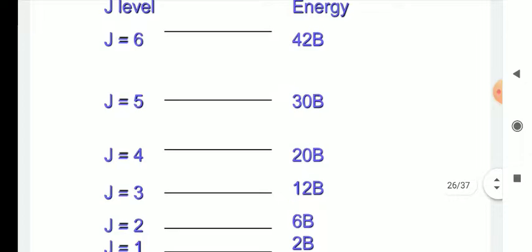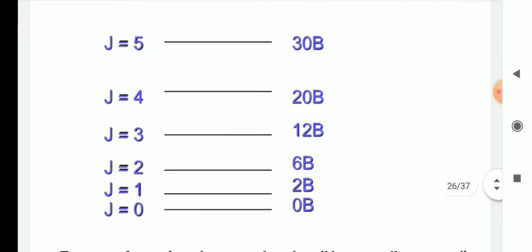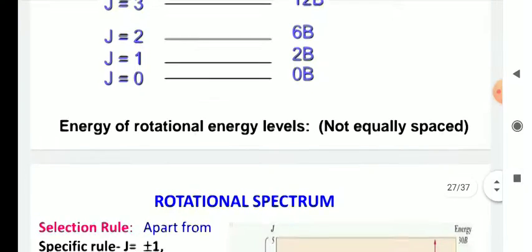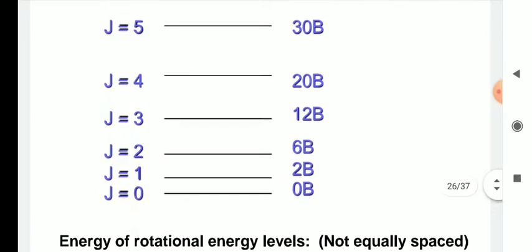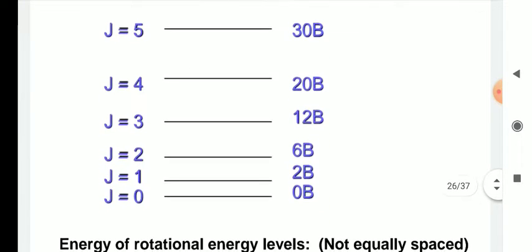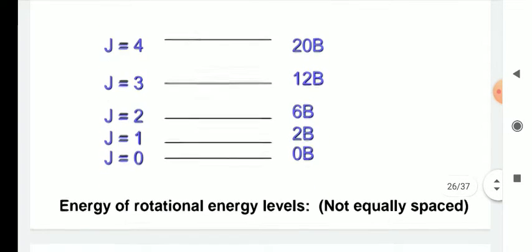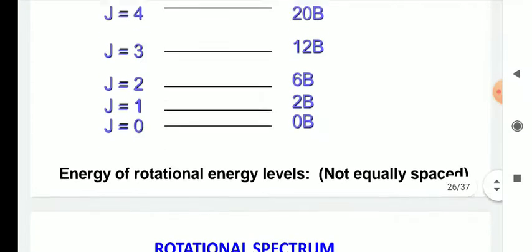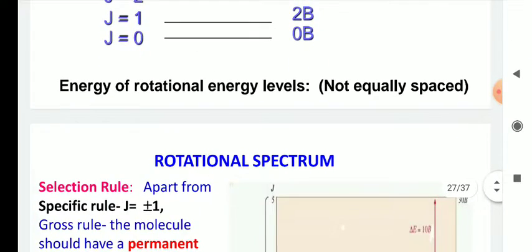For J equal to 6, it is 42 times the rotational constant. From the picture it is observed that these rotational energy levels are not equally spaced, so the energy difference between any two levels is not the same.